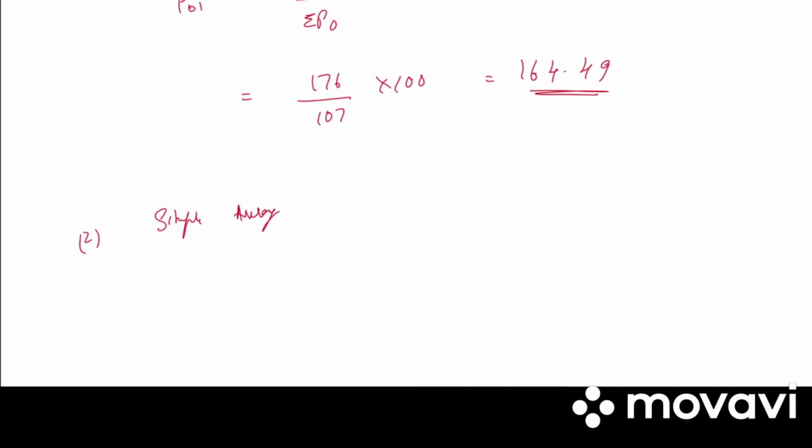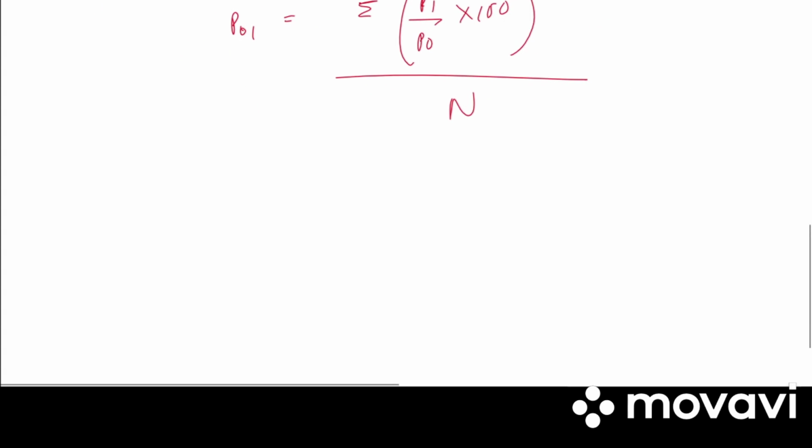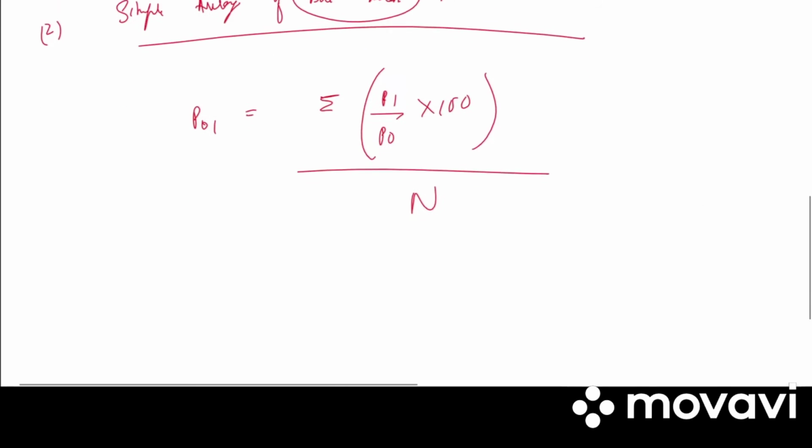Write the second one. Simple average of price relative method. So what is the formula? P01 is equal to summation P1 divided by P0 into 100 divided by N. So what do we mean by price relative? Price relative is the percentage change of the value of a variable in the current year to its value in the base year.